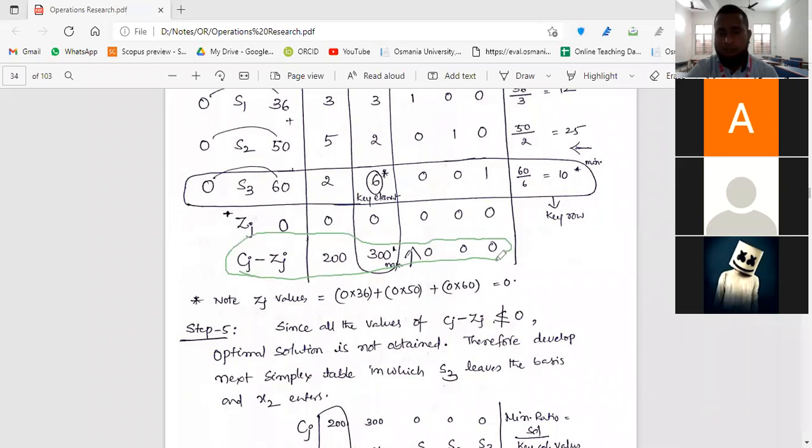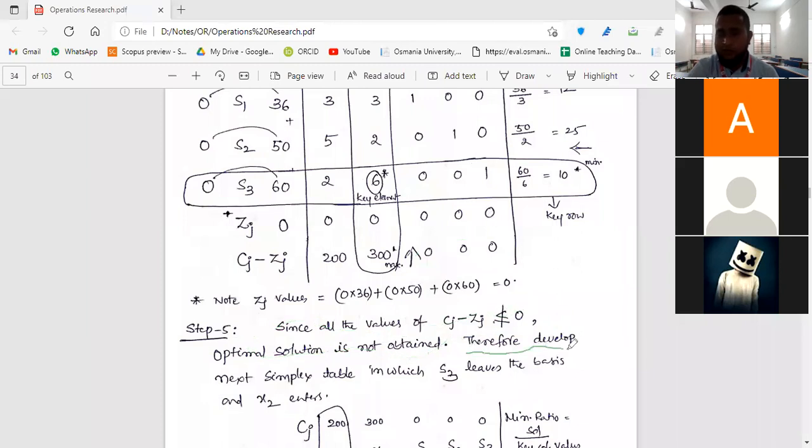But here you have not obtained it; only 3 zeros are there. 200 and 300 are not 0. If you get zeros in this row, your problem is over. Since all the values of Cj minus Zj are not equal to 0, the optimal solution is not obtained. Still, we have not arrived at it.